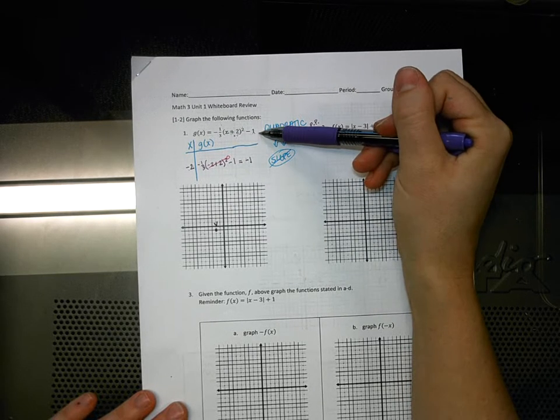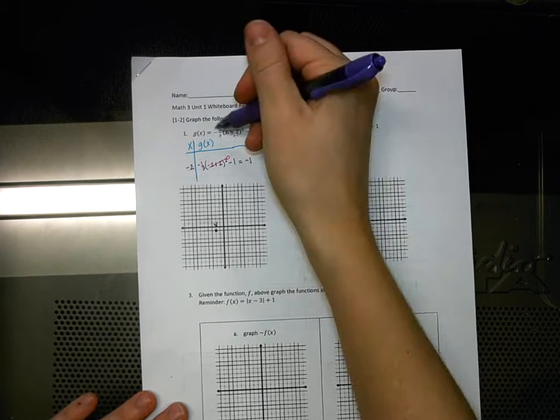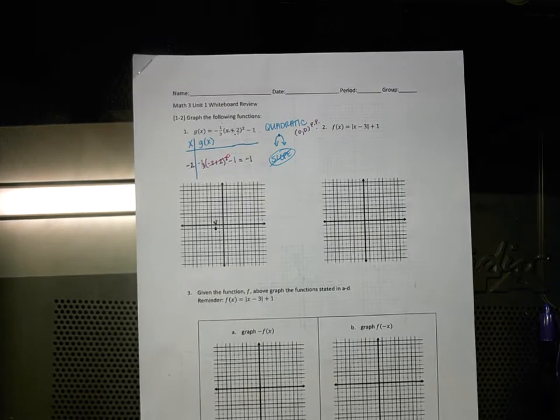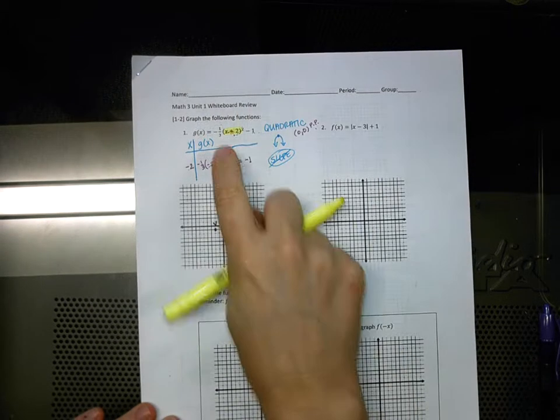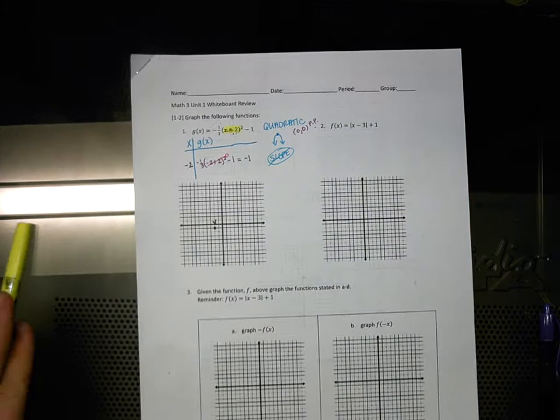I'm going to get a fractional answer. So in order to not get a fractional answer, I want the part that's inside parentheses to be able to be divided by 3 eventually, so that I don't get a fraction.